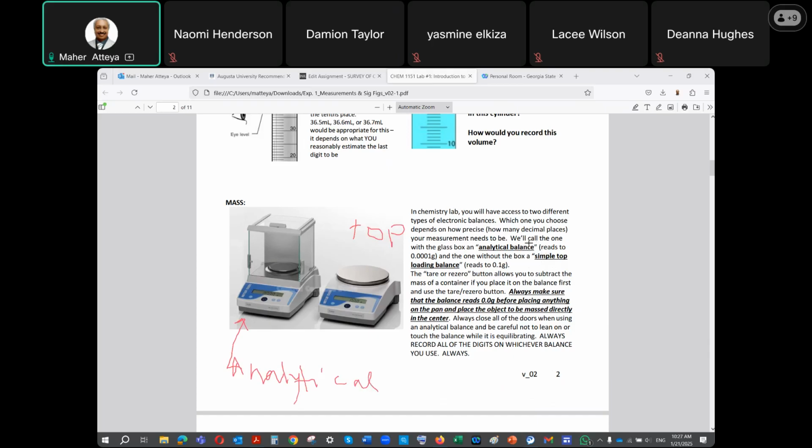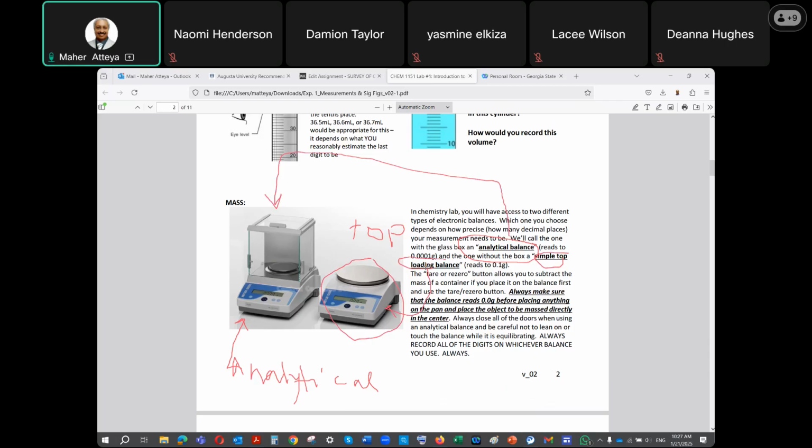Analytical balance, as you see here, and the top load one. This size gives maybe up to 4 digits or so in the balance reading, the mass.